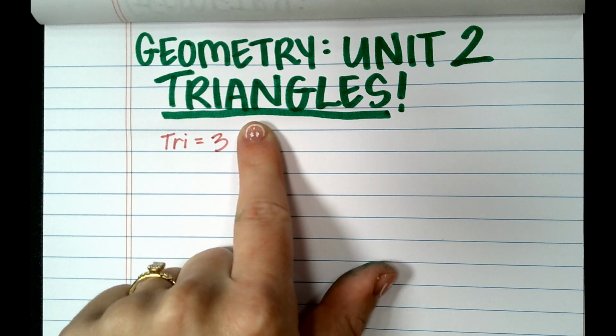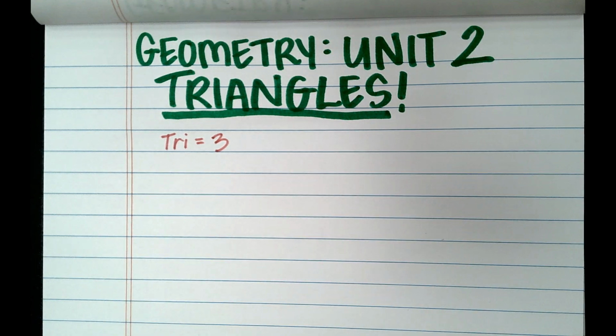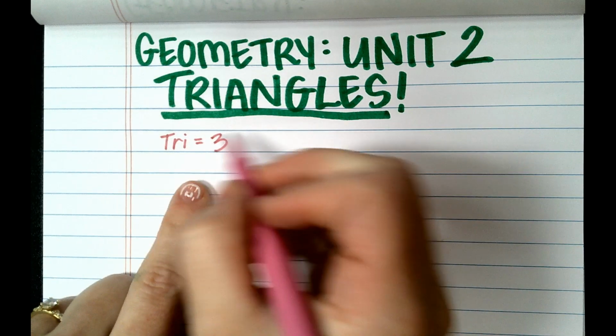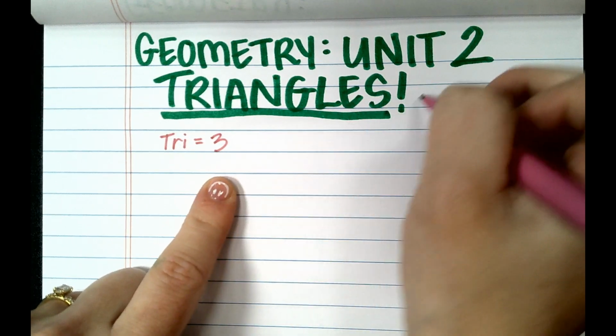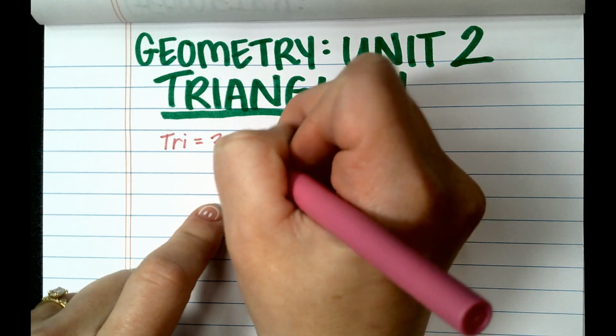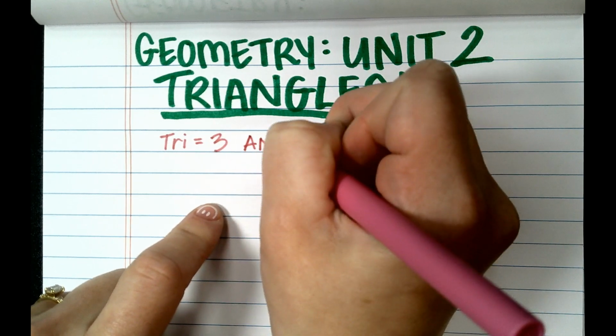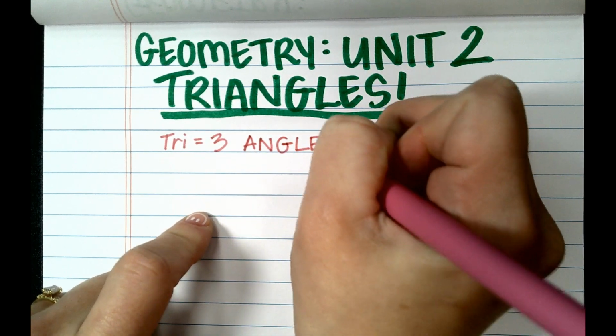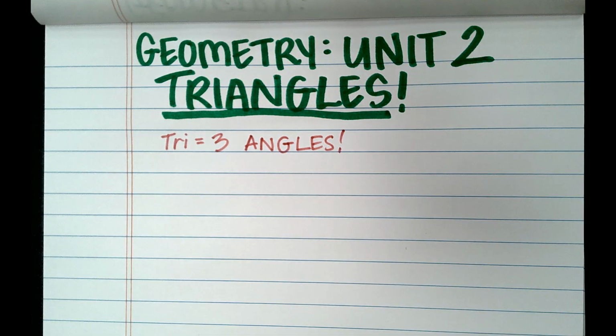And the other half of the word is angles. So a triangle is a shape that has 3 angles every single time. So a triangle has 3 angles. So just a little something. Keep in mind, we name things the way that we name them for particular reasons, especially in math.